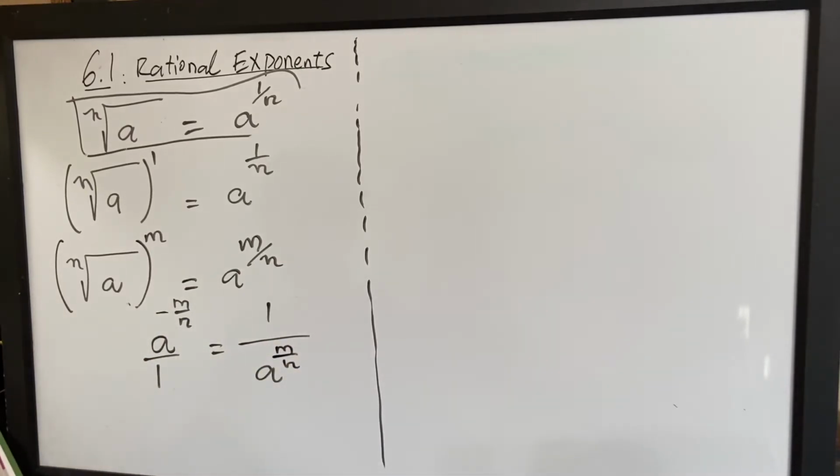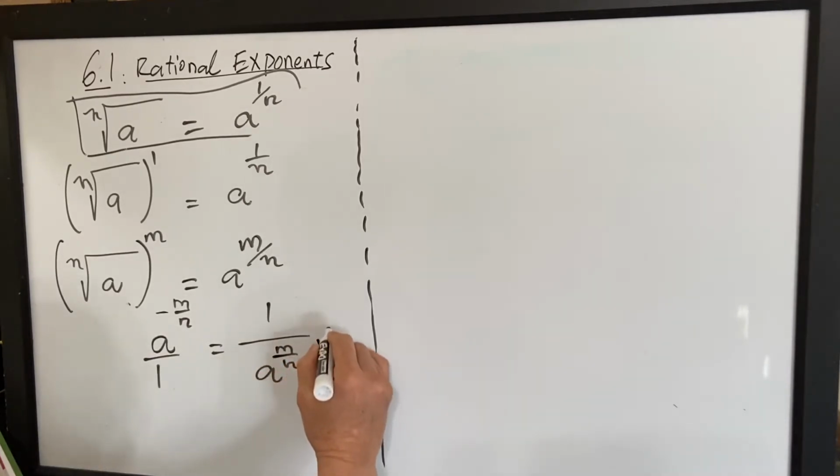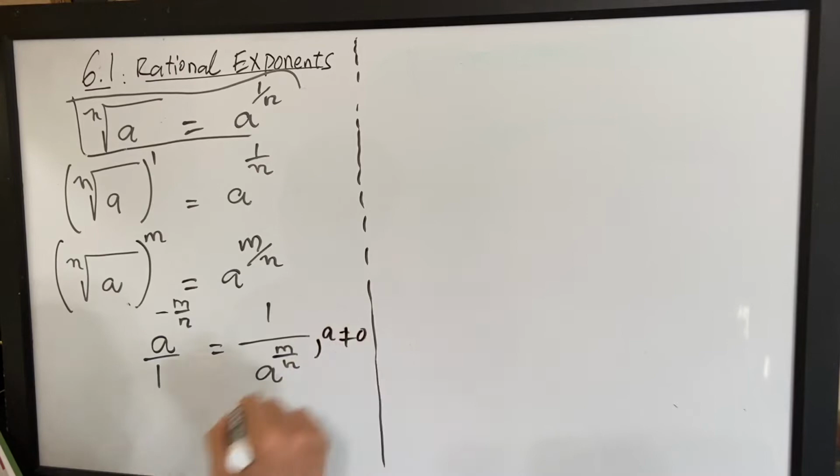We are no strangers to that. Only one thing you need to be mindful of: thou shalt not divide by 0. So A cannot be 0 in this case, because if A is 0 in the denominator, that would destroy the logic of mathematics.